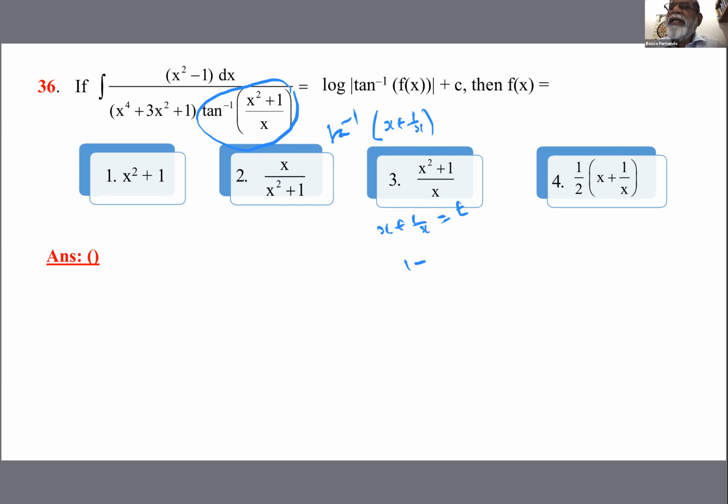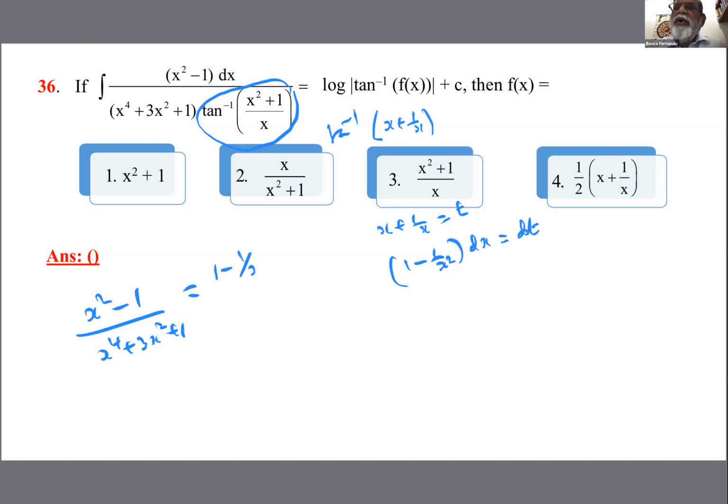Then differential 1 minus 1 by x squared into dx is equal to differential of t. So this x squared minus 1 by x to the power 4 plus 3x squared plus 1. Divide numerator and denominator by x squared. 1 minus 1 by x squared plus 3 plus 1 by x squared.